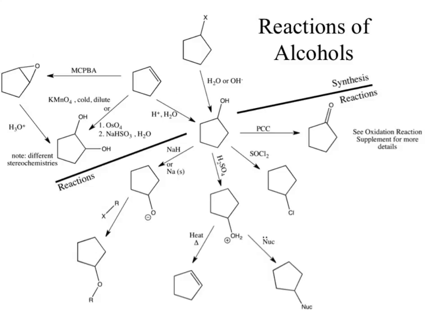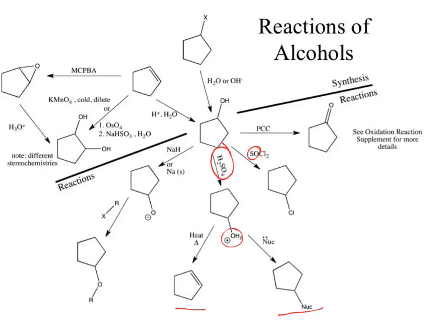In the case of the SOCl2, we converted it into the good leaving group of ultimately SO2. In the case of reacting it to get our alkenes or our substitution, we first had to react it with sulfuric acid as a catalyst to activate the alcohol, turning it into a good leaving group. Almost all of our alcohol chemistry is based around making that leaving group.